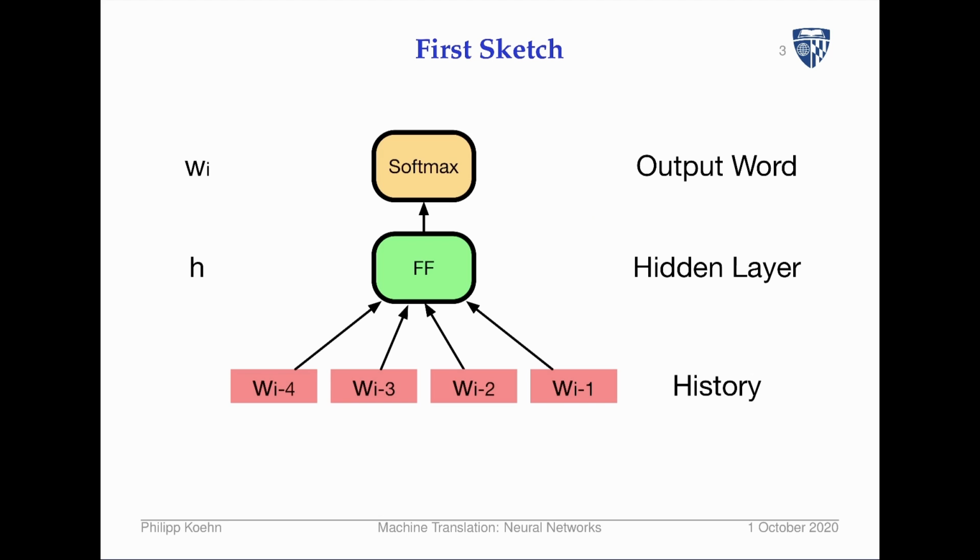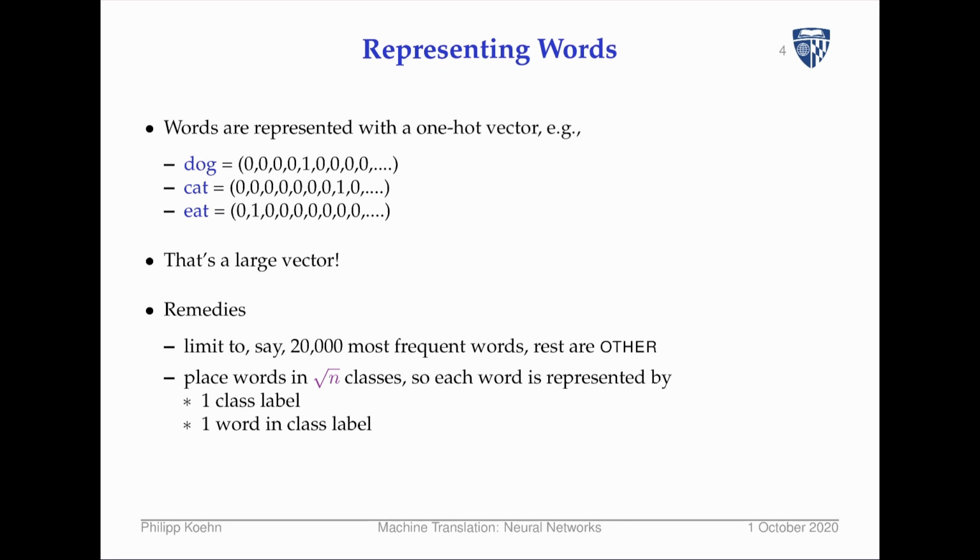So the most likely word, the one with the highest value in that vector, will be picked by the model. This is the idea here with representing words. We represent words with a one-hot vector. So this is the idea of having, here, a 50,000-word vocabulary. That's a vector of size 50,000. That's a large vector.